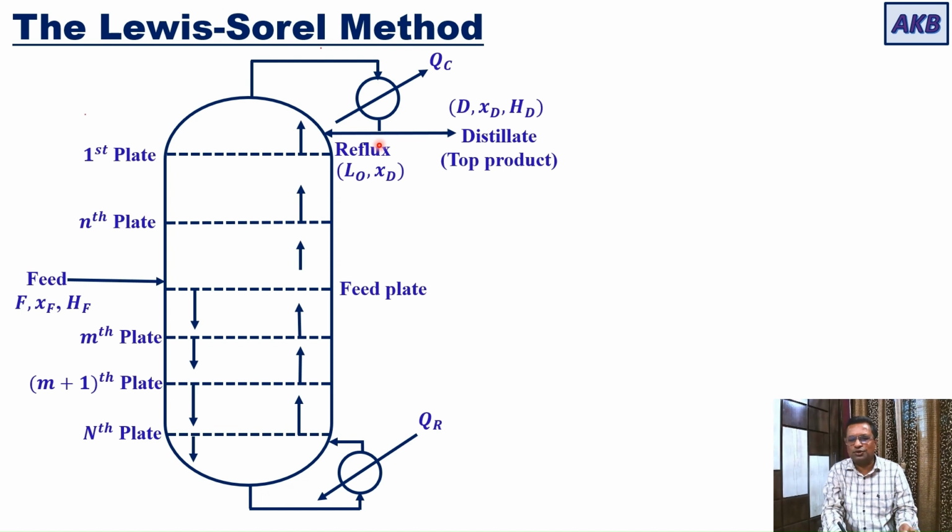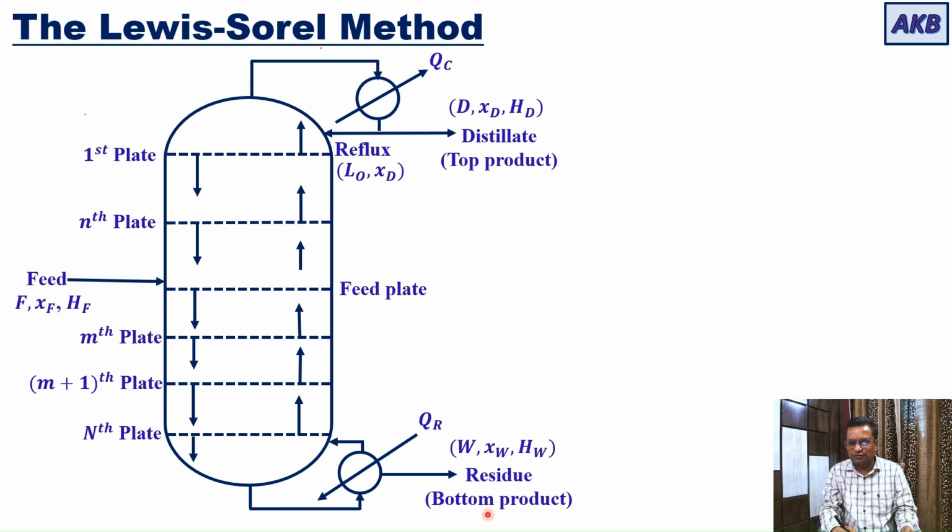There is no composition change involved. So the reflux, after entering the column, will flow down and join the liquid part on the feed plate. From the bottom you are removing the bottom product, which you also call the residue. It will be removed at the molar flow rate of W. It will have the mole fraction XW of the more volatile component in it, and the molar enthalpy of the bottom product will be HW.